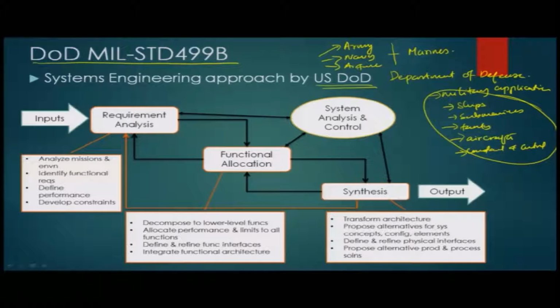the other areas. So, the inputs is where, as we talked about, the need plus tech advancements comes here, and from there the requirement analysis happens, and from the requirement analysis the function allocations. So, we talked about this loop as the functional analysis loop earlier. Then from functional analysis we will go to the synthesis loop, which we also call as the design loop, and then from the design loop we have what we call as the verification and validation loop.